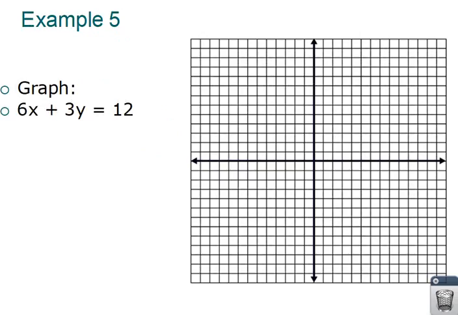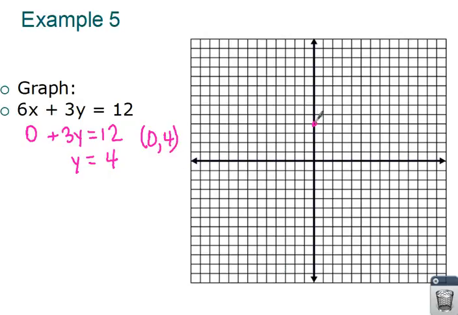All right, so let's try a graphing one. This is standard form. Maybe we should try it by intercepts. Let's try that first. If I put in a 0 for x, so the 6x is gone, then I have 3y equals 12, right? So it would look like this. So then y has to be 4. So then we have a point 0, 4.